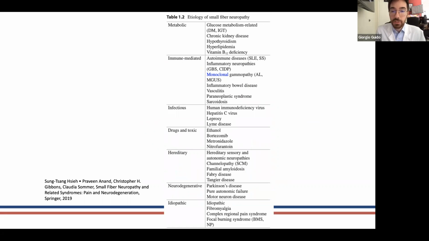We've had a lot of patients with MGUS polyneuropathy, paraneoplastic syndromes, and then also infections. Some drugs can cause small fiber neuropathy as well, and we can have also hereditary causes. I want to point out that also in neurodegenerative conditions, we can have small fiber neuropathy. For example, there's been evidence that in Parkinson and even in ALS, there can be small fiber neuropathy.